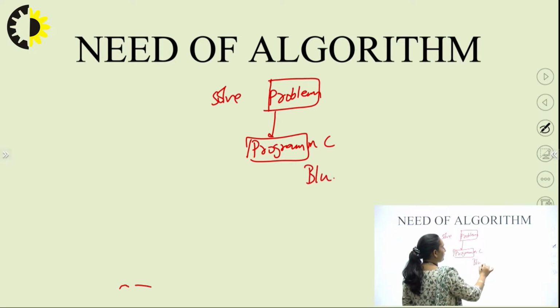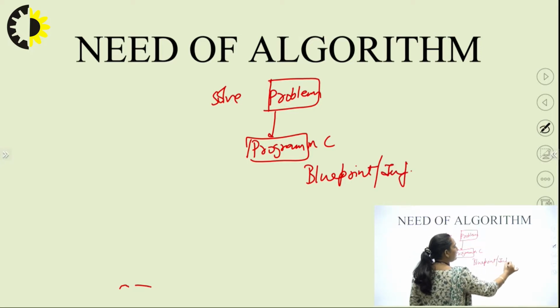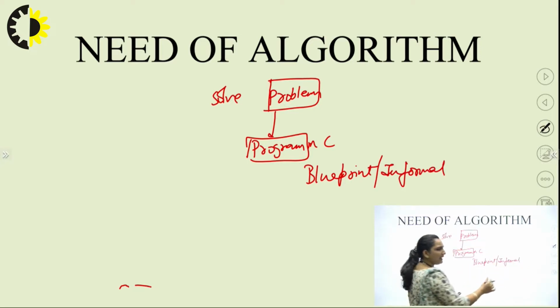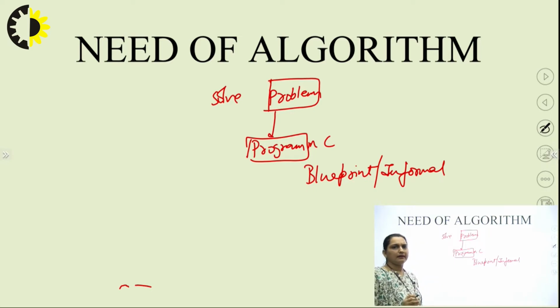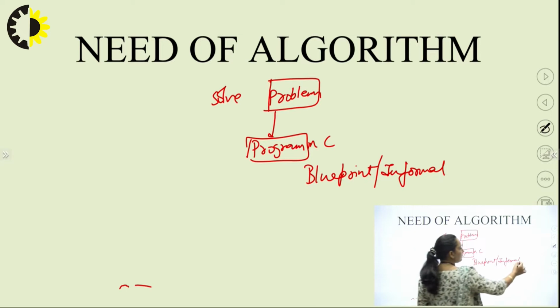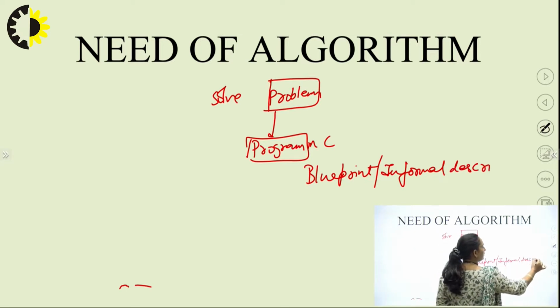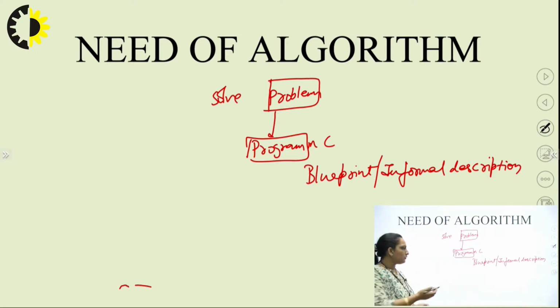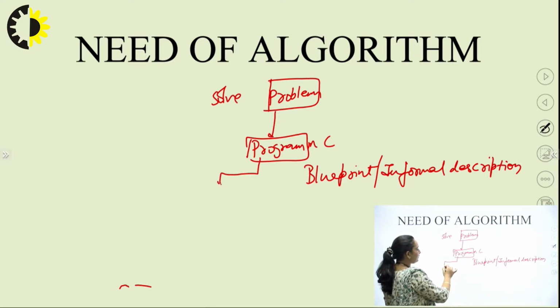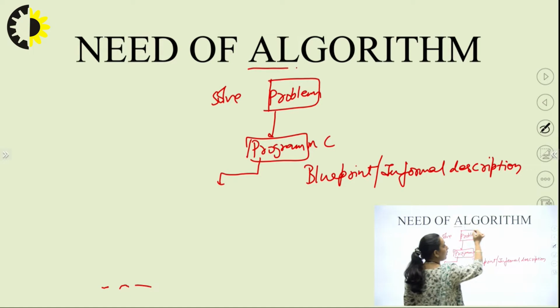The blueprint is an informal description, and even a layman can understand that this is the problem and this is the solution for it. That informal description is called an algorithm.